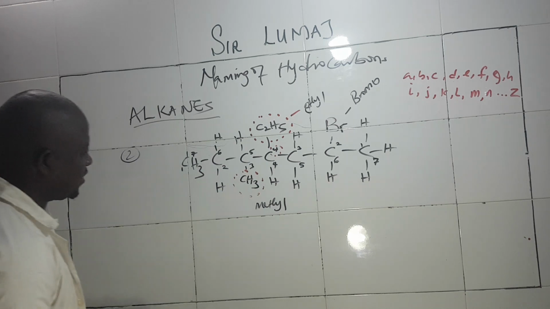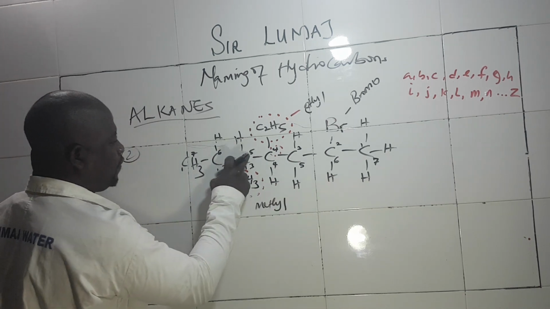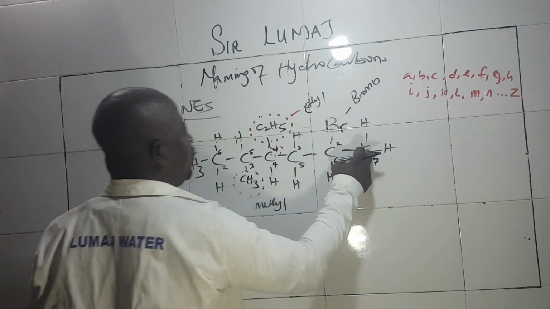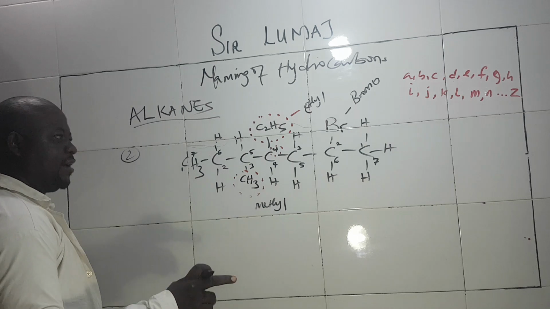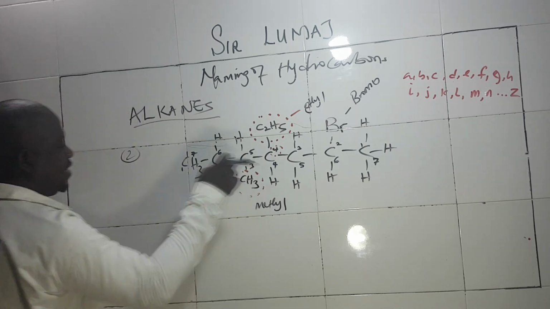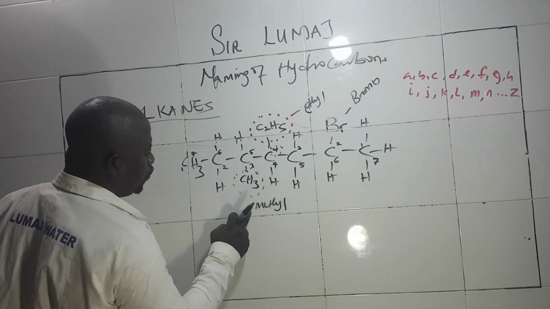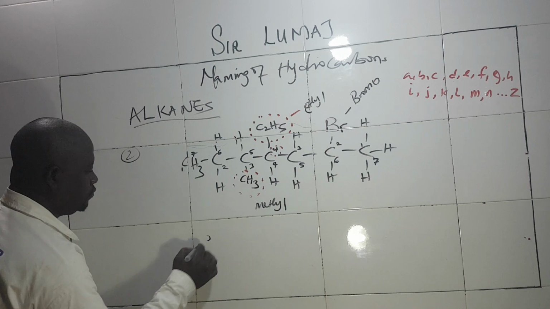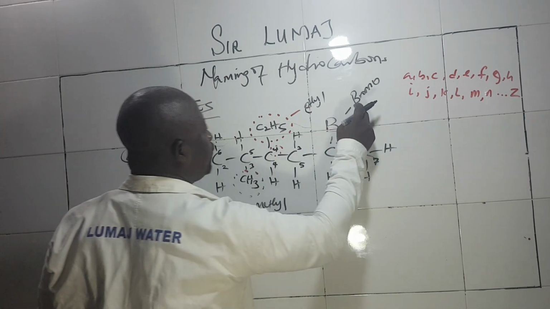So for me to name this now, where do you have the lowest attachment? From here, we have 5, 3. From here, we have 2. We have 6. And don't forget the numbering. I told us. For us to name this now, we have 1, 2, 3, sorry, which one will come first?